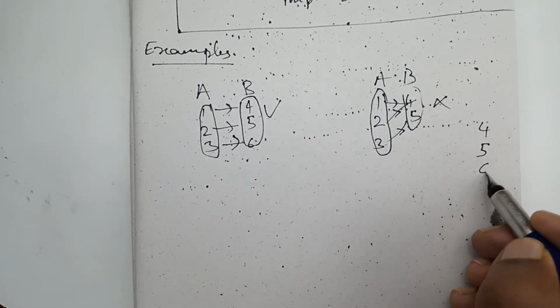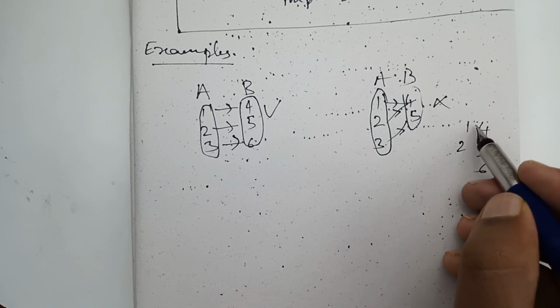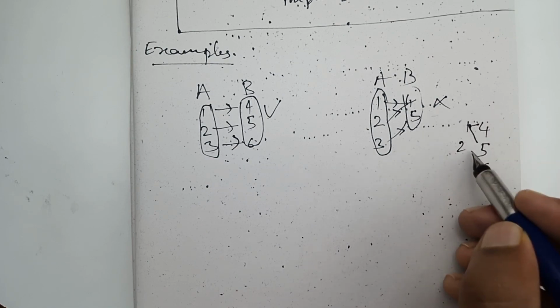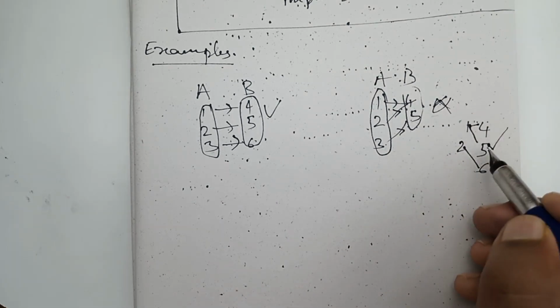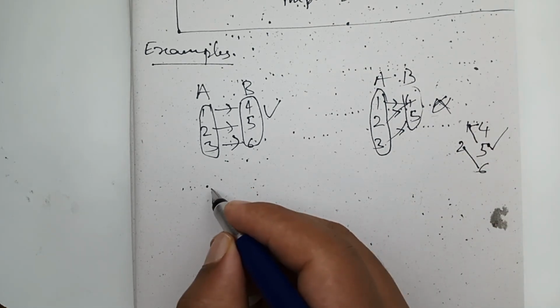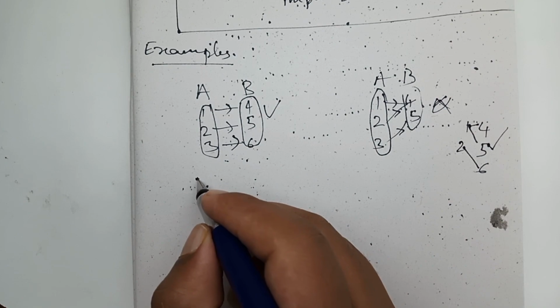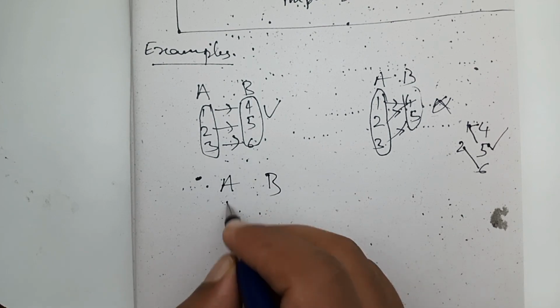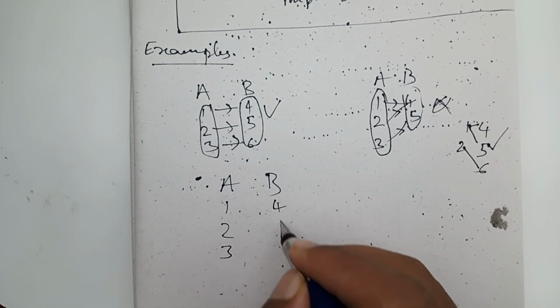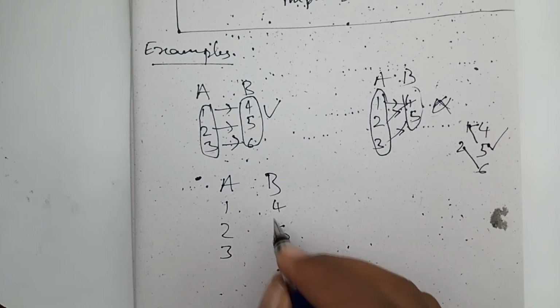Okay, like this, 4 5 6 1 2. Then we can have it like this, but we cannot have it like this. This is correct. Okay, now next, the next one is A, B, 1 2 3 4 5 6 7.